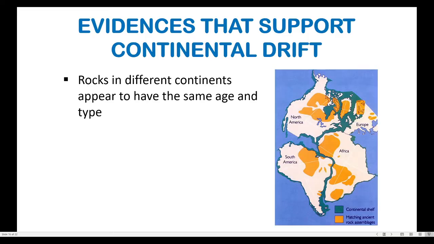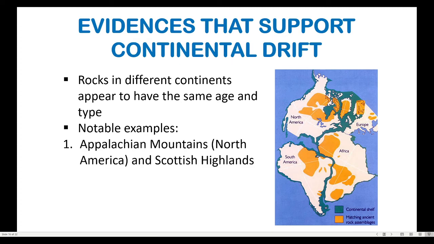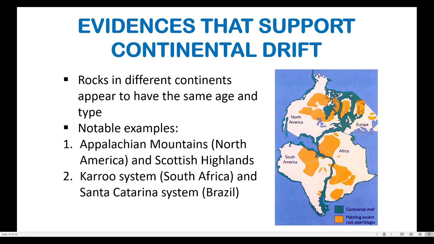So it simply means that rocks in different continents appear to have the same age and type. What are the odds that one mountain from one continent would have the same age and type as another mountain or another rock formation in another continent? What if these continents are almost facing each other?